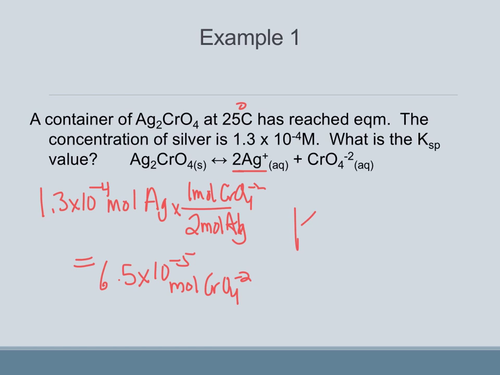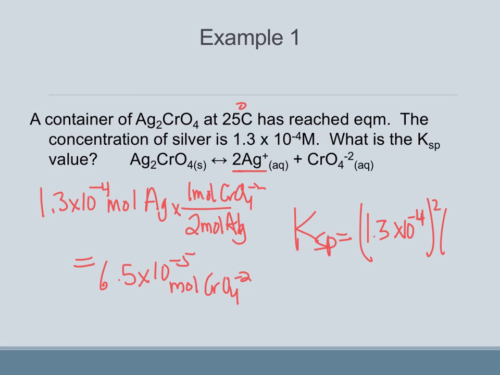So, to solve our Ksp, we take our 2 products. We are going to use the 1.3 times 10 to the negative fourth, which is the silver, and because there are 2 of them, I have to square this.